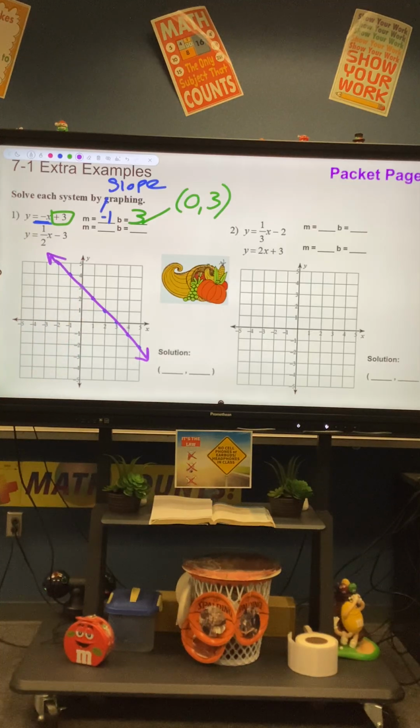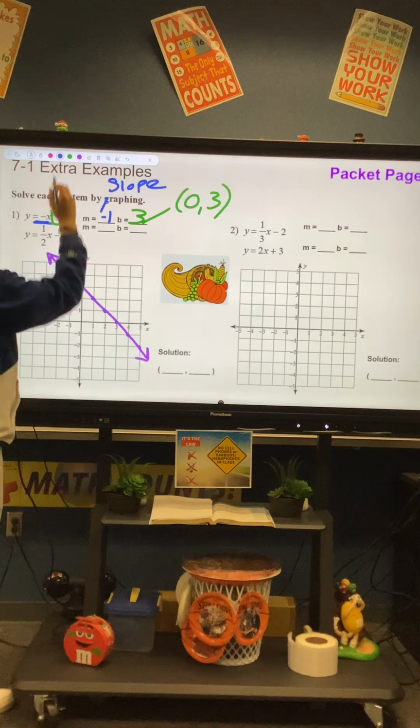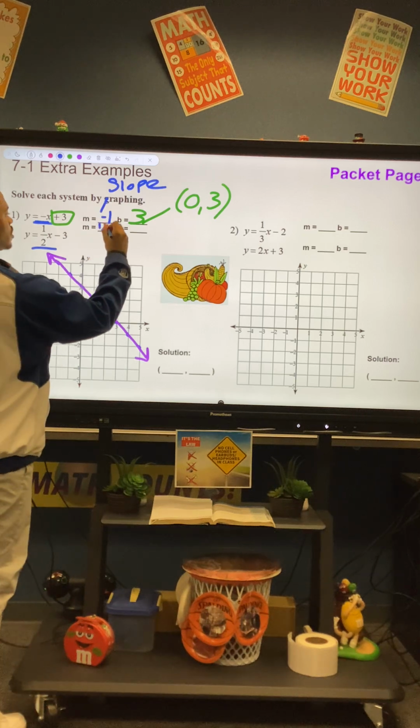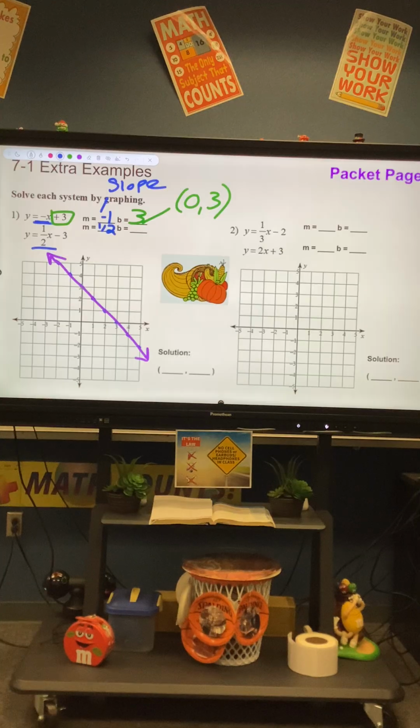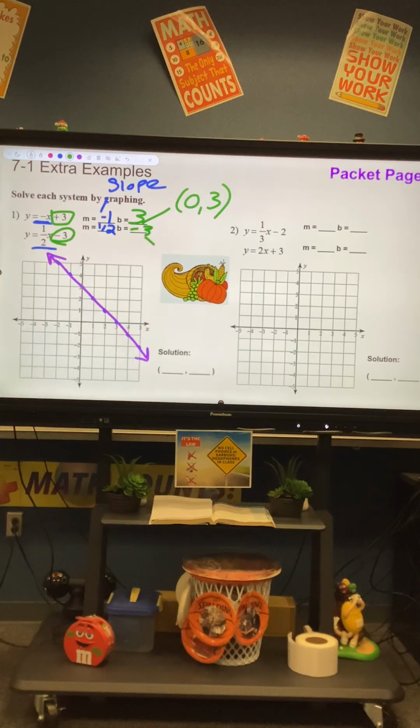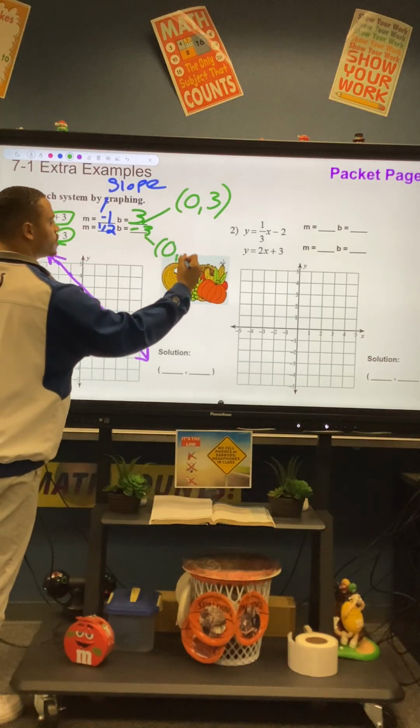Cool. My second line, my M value is what? 1/2, yep. My M value will always be that number that is next to my X. If I have a number directly followed by X, directly touching an X, that's my M value. My B value is what? -3. So that means I have a point where? (0, -3).